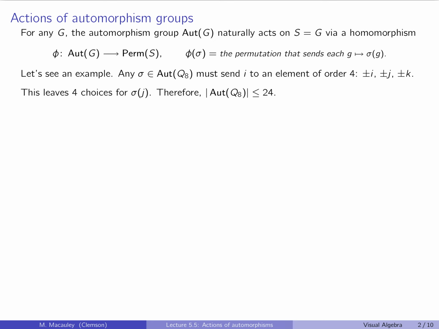So in other words, if i gets sent to k, then j has to get sent to either plus or minus i or plus or minus j. This means that we have at most 6 times 4, or 24 automorphisms of Q8. I'm not saying that we have exactly 24, just that's an upper bound.